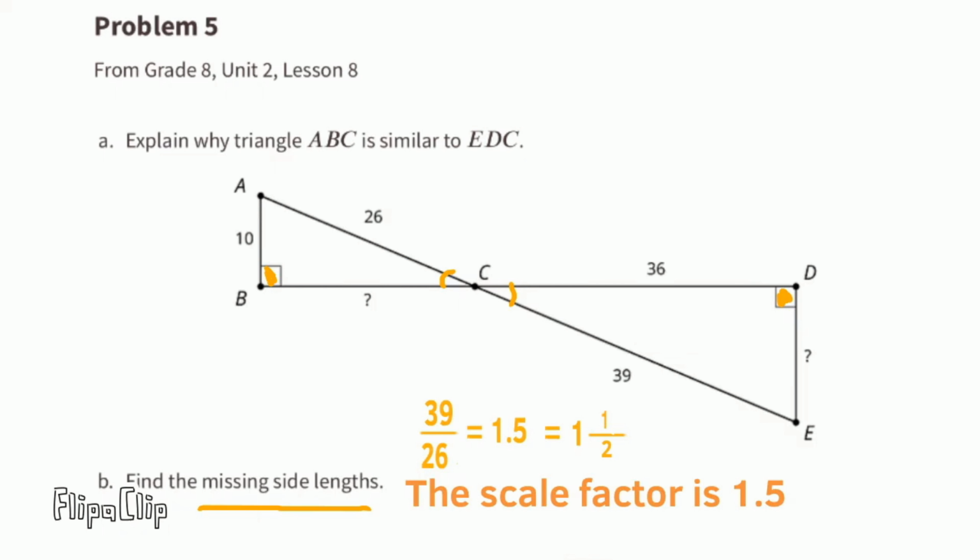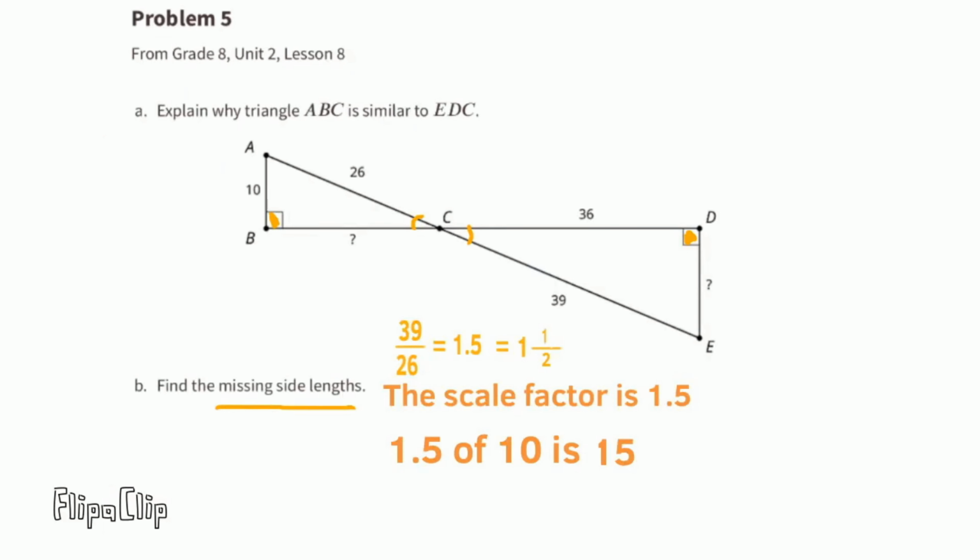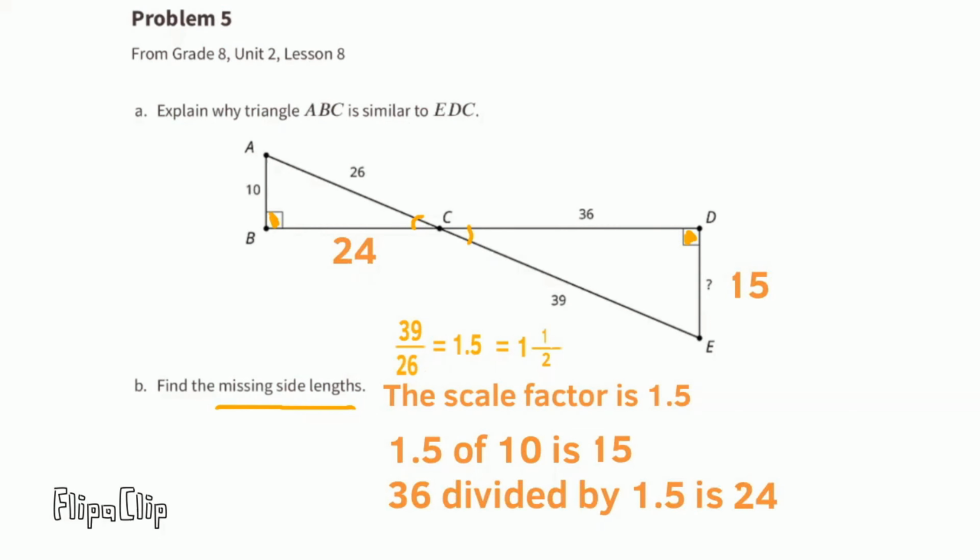Length CD is 1.5 times longer than length BC, and length DE is 1.5 times longer than length AB. 1.5 times 10 is 15, so side DE measures 15 units, and 36 divided by 1.5 is 24, so side BC measures 24 units.